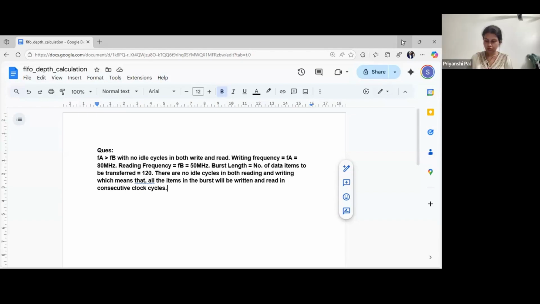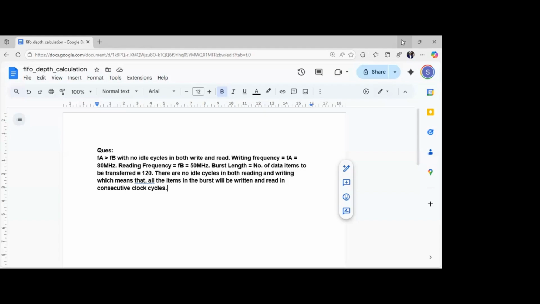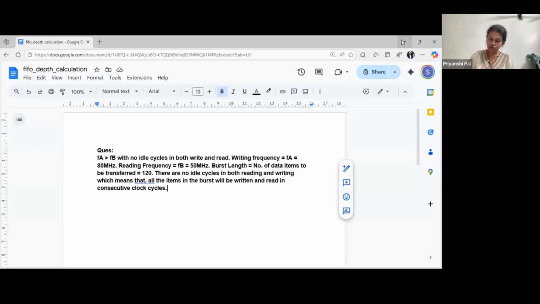No, ma'am. Okay, ma'am, to see that for reading, for how much time we will need to read. So every 20 nanosecond, the module B is going to read one data in the burst. Okay, ma'am.